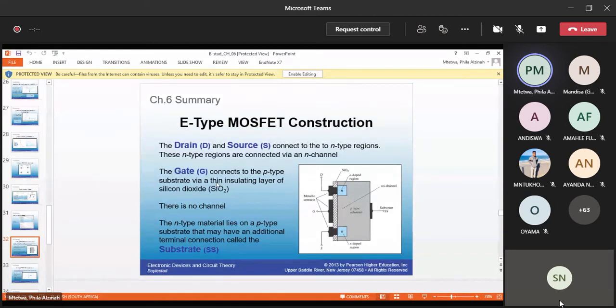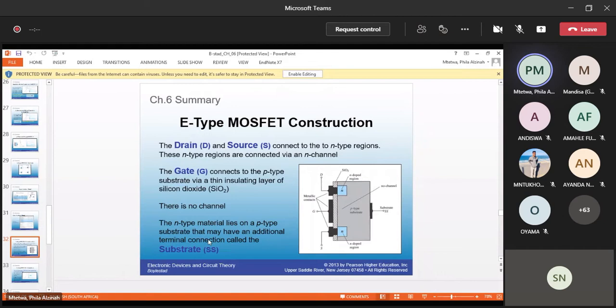There's your silicon dioxide, there's your gate. There is no channel, which is what I've just mentioned. The N-type material lies on a P-type substrate that may have an additional terminal connection called the substrate. We do have the substrate here.